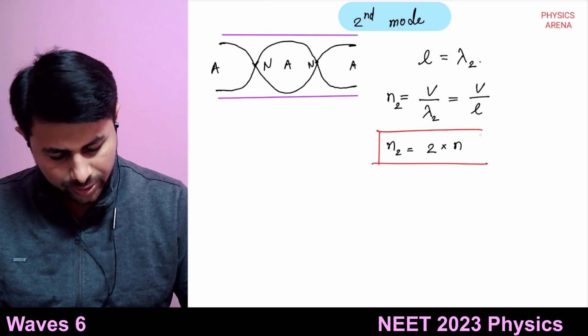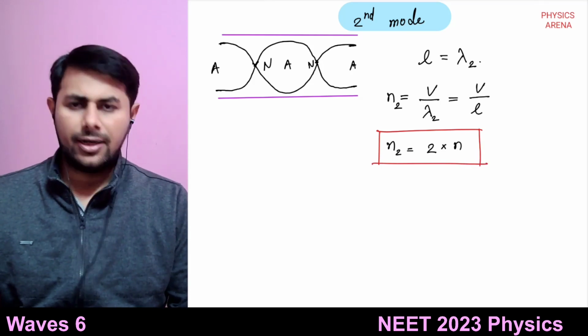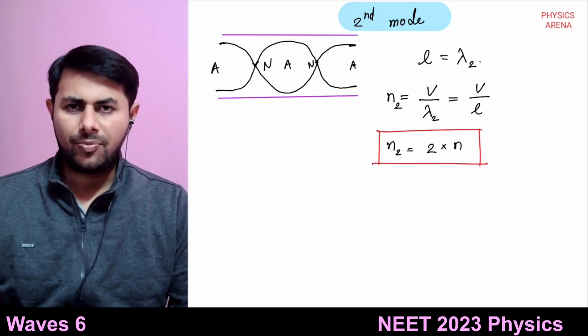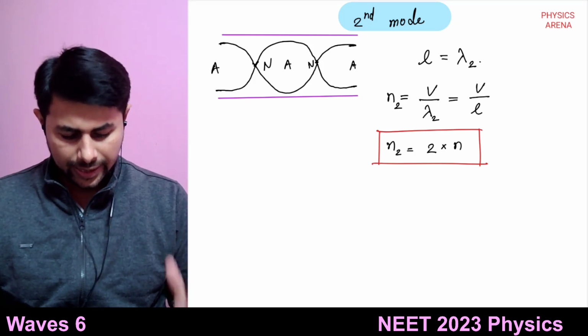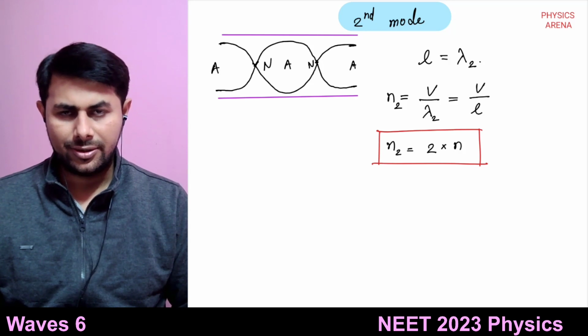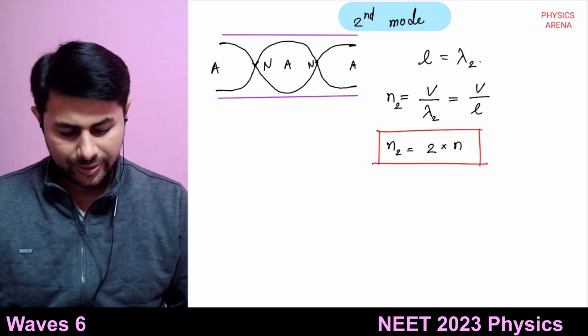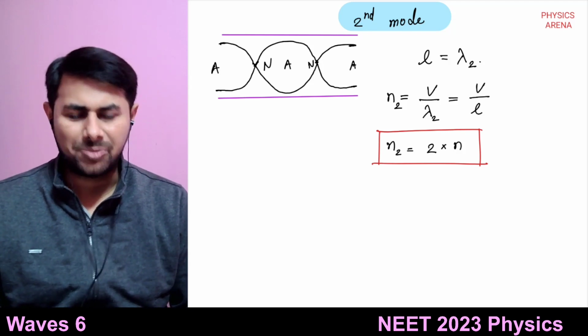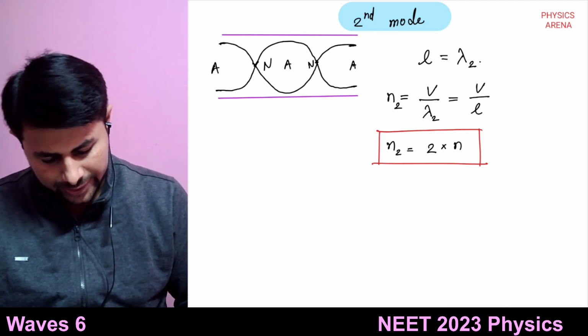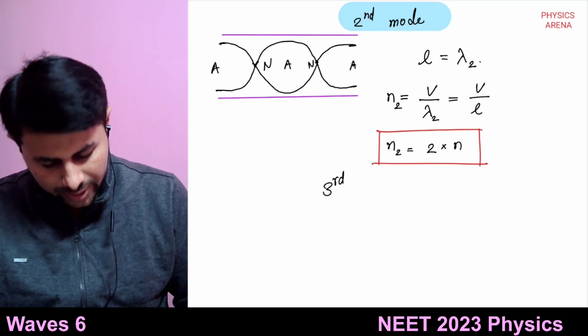That was V upon 2L, this is V upon L. It's 2 times the frequency of fundamental mode. So N2 is second harmonic here, second multiple of fundamental frequency. Second multiple means 2 times the fundamental frequency. Second harmonic. Right? Let's talk about third mode.